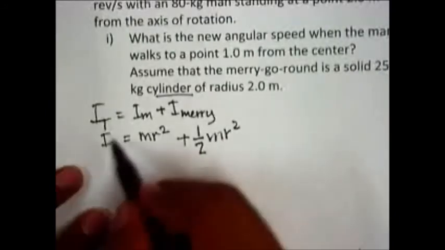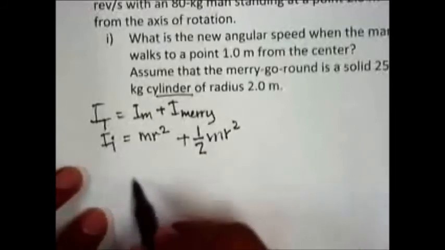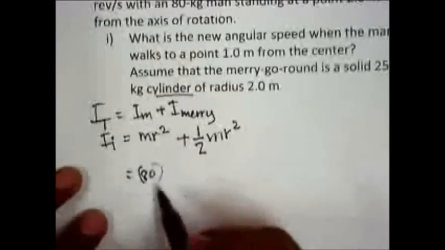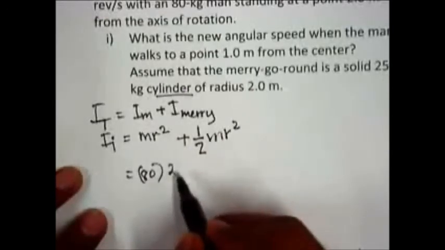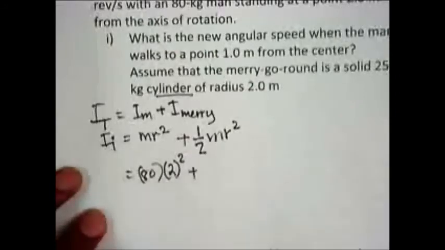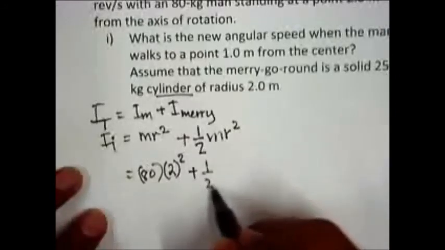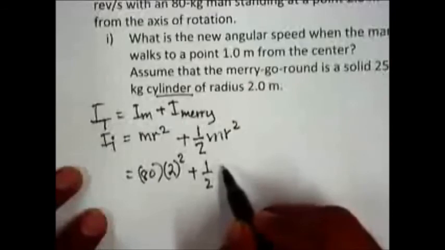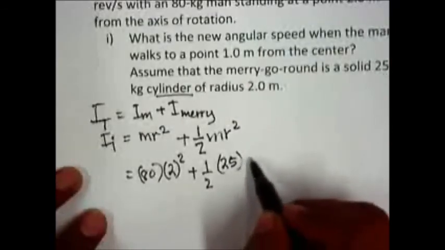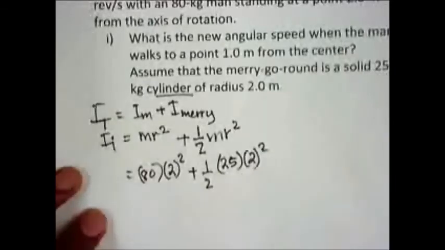So for the initial part, the mass of the man is 80 kg, the radius is 2 squared because he is 2 meters from the center, plus half into the mass of the merry-go-round, which is 25, and the radius of the merry-go-round is 2 squared.